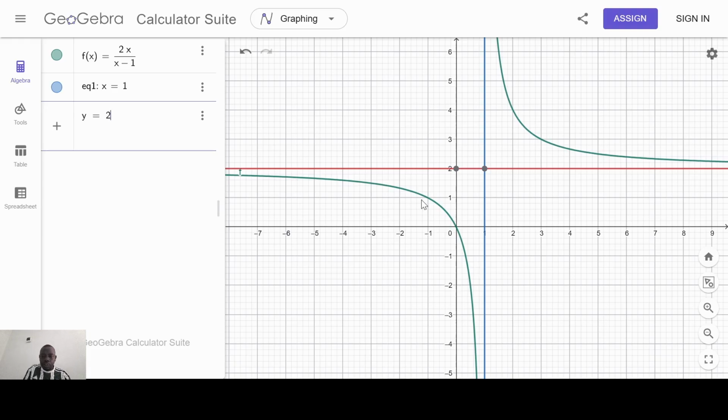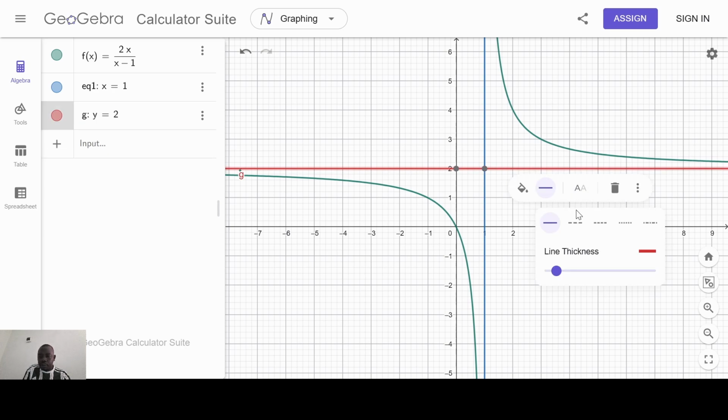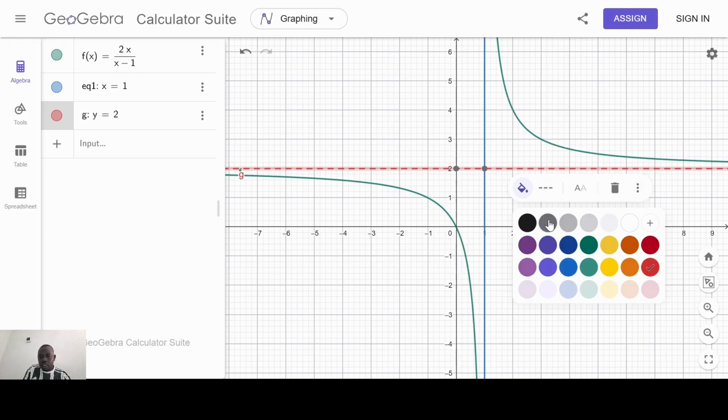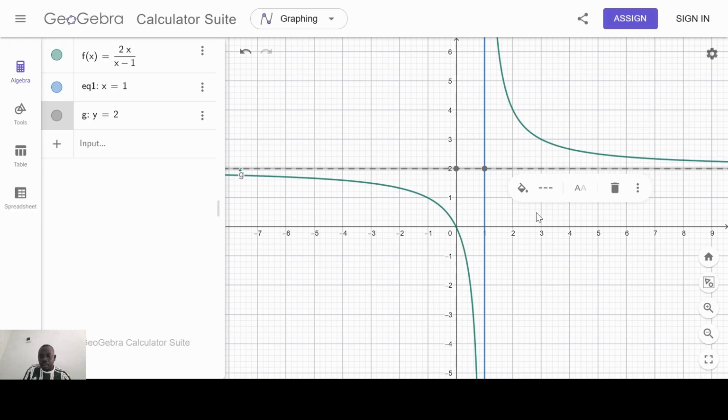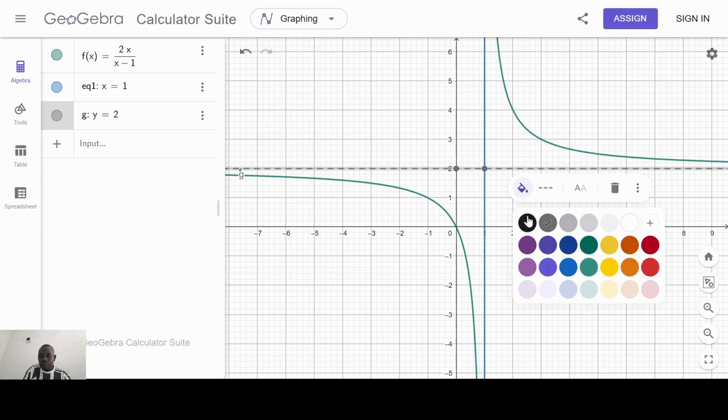Normally when graphing rational functions, the asymptotes are represented by dotted lines. So what we can do is click on these lines here, right click, and then click here. You see we have dotted lines, so we can put here dotted and even change the color. We can change the color to, let's say, gray, something quite visible. We can even use black.